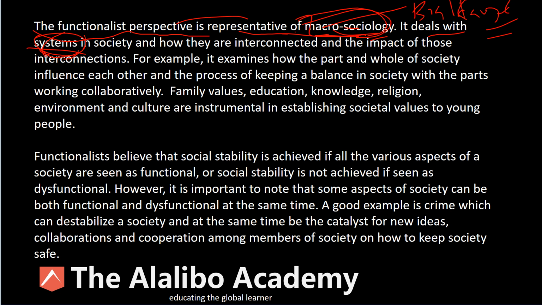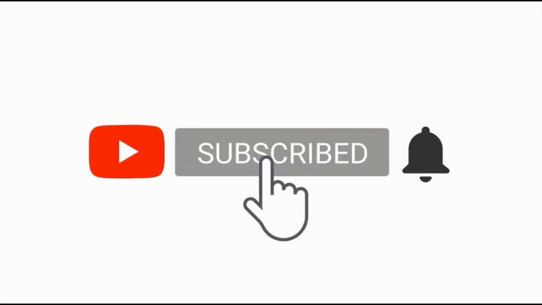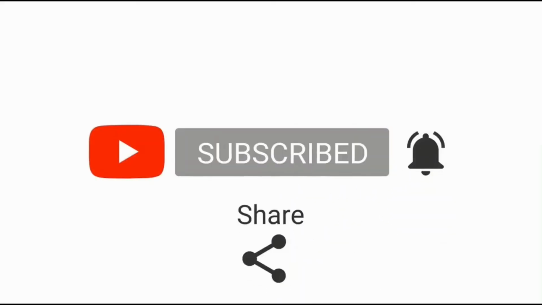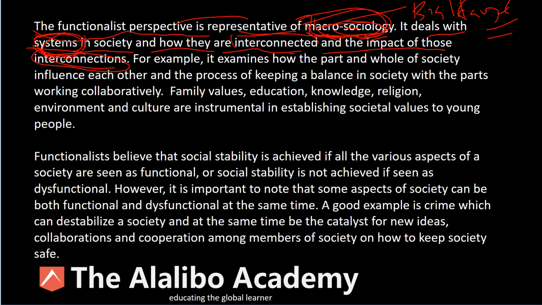The functionalist perspective deals with macro sociology, and macro sociology is dealing with systems in society, how they are interconnected, and the impact of those interconnections. Let's pause for a minute. Consider this, because this is the crux of this perspective, and it's important for us to understand it.